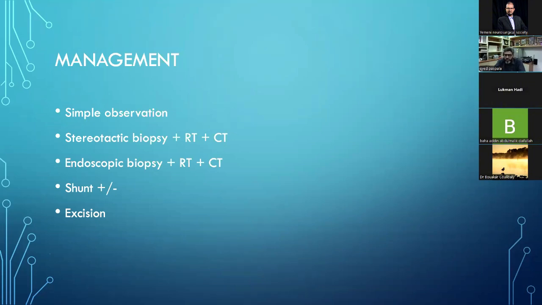And when we think about surgery, a simple stereotactic biopsy or endoscopic biopsy followed by radiotherapy and chemotherapy, with or without a shunt placement. And when the lesion is very big and causing hydrocephalus and other neurological deficits, one will be thinking about excision of these lesions.